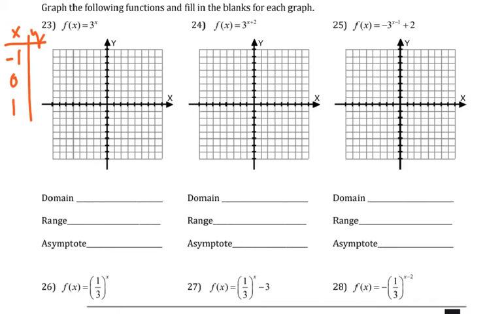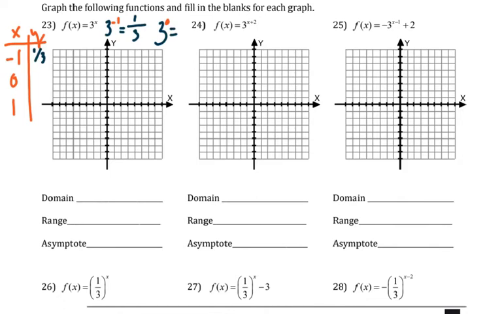We plug those x's into the function, 3 raised to the -1. What we know about a negative exponent is it makes this thing a fraction, 1 over 3 to the first power, which is just 3. So when x is -1, the y value is 1/3. Next, 3 to the 0 power.